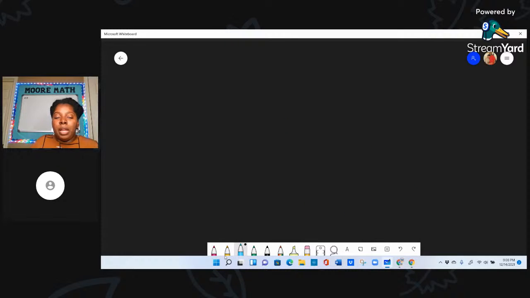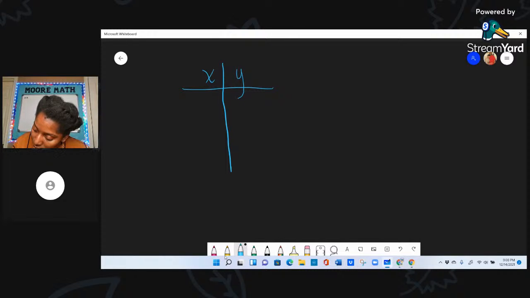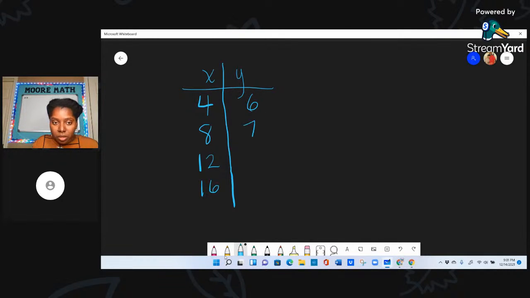I'm going to give you another one and then I'm going to return to guess 2 real quick. Y equals 1/3 X. Okay, I got the answer here.